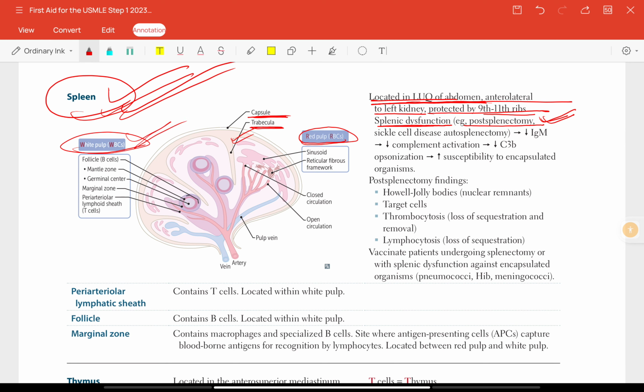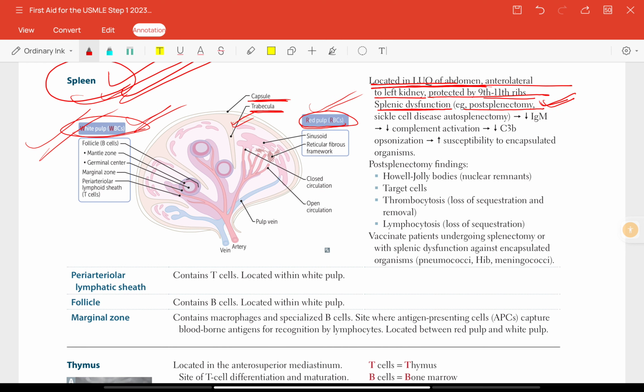Inside we can see the white pulp, and the outermost part is the red pulp. The red pulp consists of sinusoids and a reticular fibrous framework. Similarly, for the white pulp, we can see follicles.